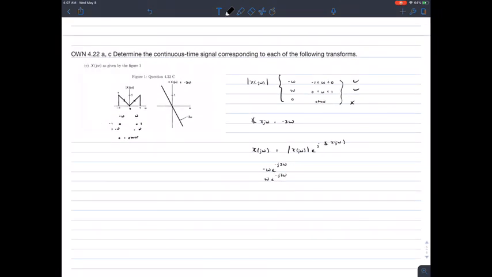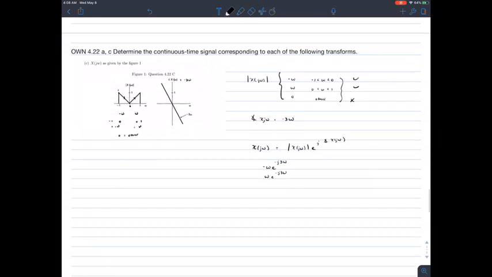Okay? So now that we have equations for our X of j omega, we need to find the inverse Fourier transform. We need to find x of t.